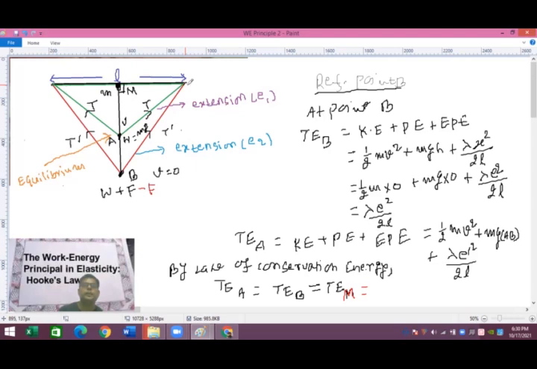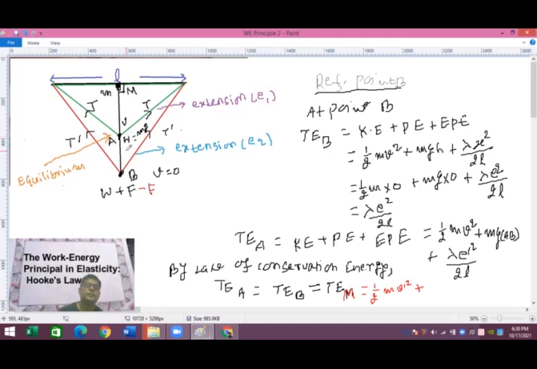So we have no extension in this string because we have taken this to be the original length. The total energy at this point M is half m v squared, where the velocity is v dashed or v2, or anything different from the value of velocity at position A. And the potential energy has total distance traveled as B to M, so you can write mgh, where h is BM or MB.